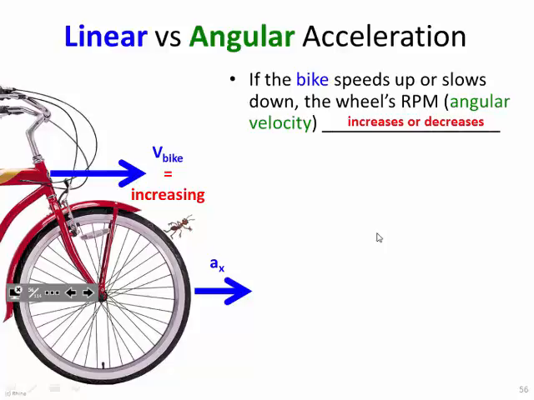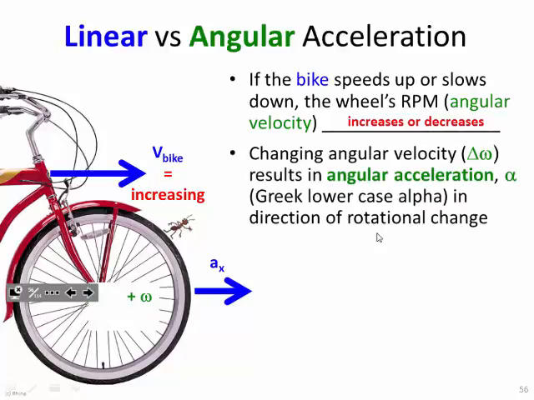All right, and you notice here I've drawn over on the bike, we've got our angular velocity, omega. If we've got a change in our angular velocity, what's the definition of a change in any velocity versus time? It's an acceleration, all right? But now it's an angular acceleration. New variable, it's alpha.